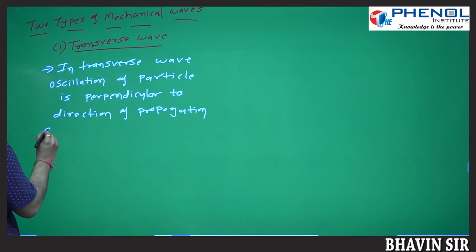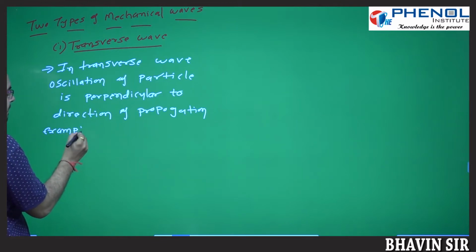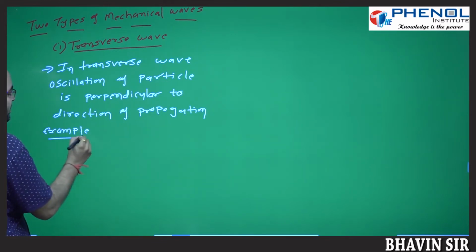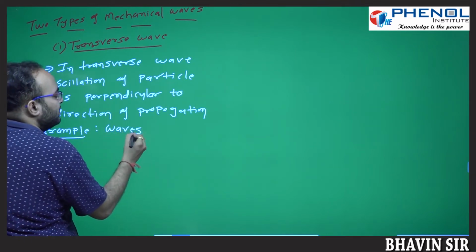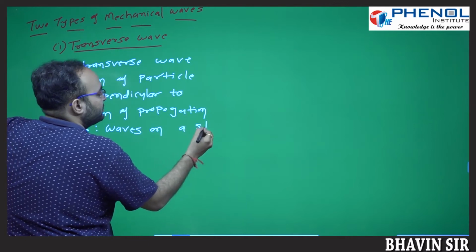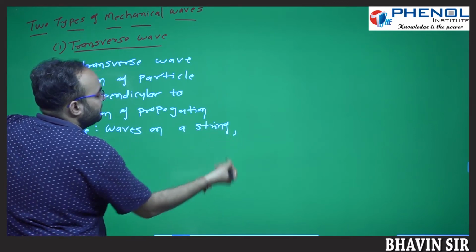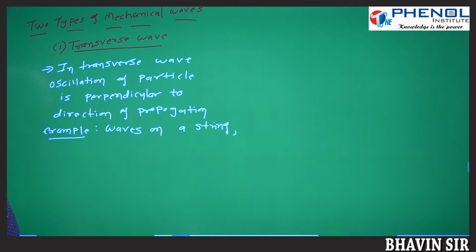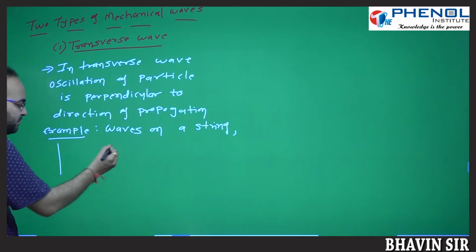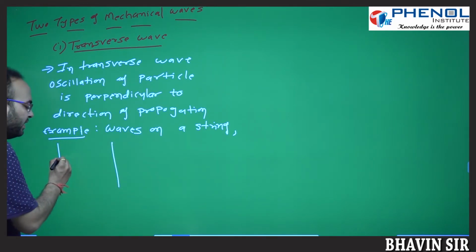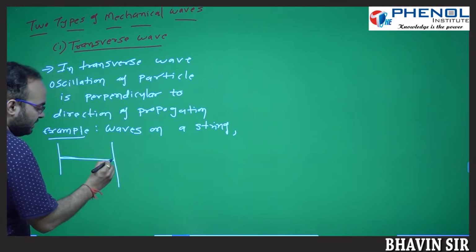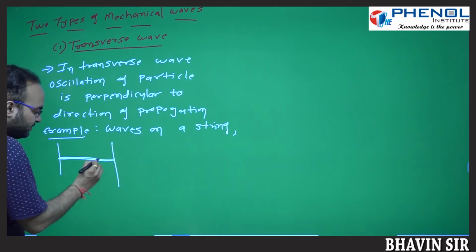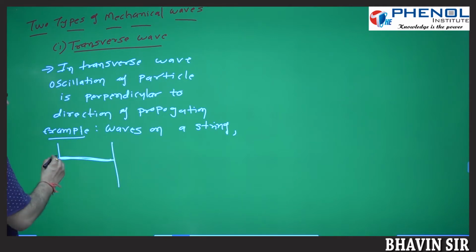And what are the examples, students? First example, waves on a string. Suppose a string is connected between 2 rigid supports. Now wave is produced.